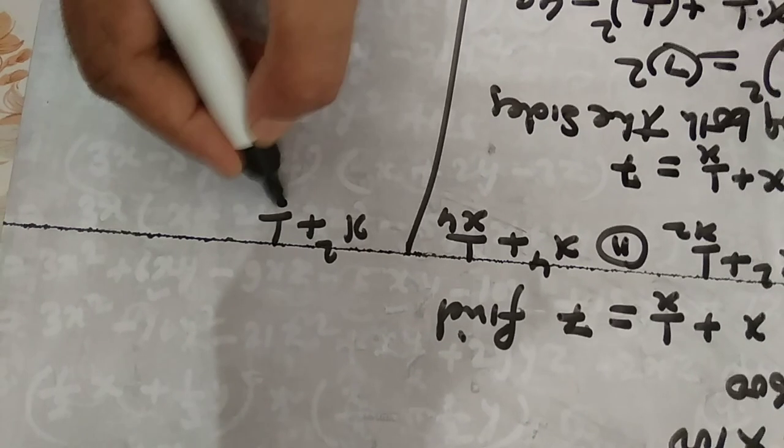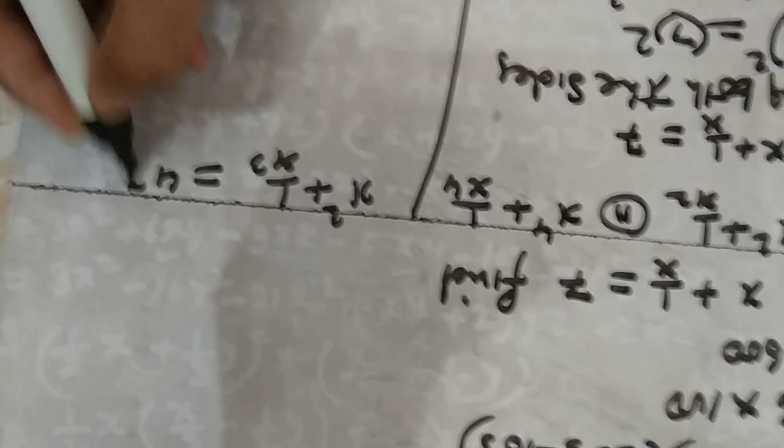Now the second. We have x square plus 1 by x square is 47.